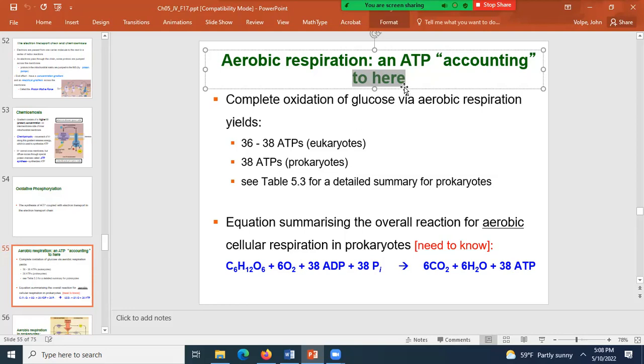And remember, you do need to know the summary equation for aerobic respiration, and that is glucose C6H12O6 plus 6 oxygen molecules and 38 ADP and 38 inorganic phosphates yield 6 carbon dioxide molecules, 6 water molecules, and 38 ATP molecules.